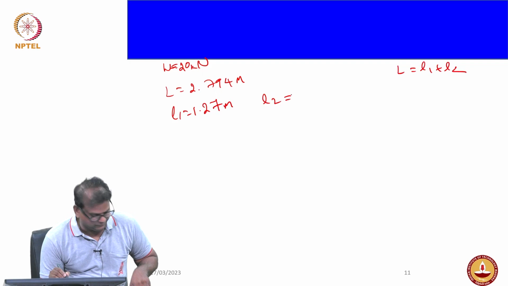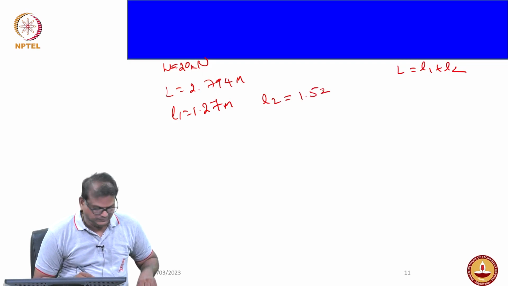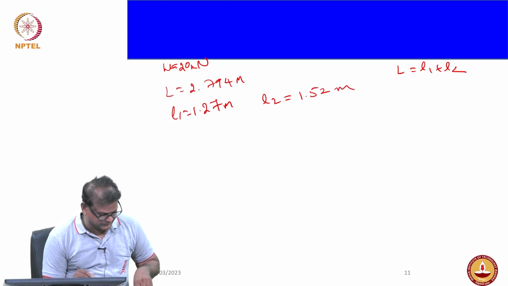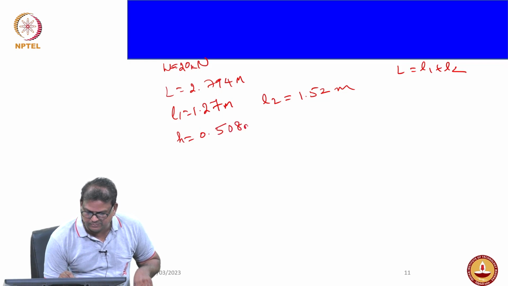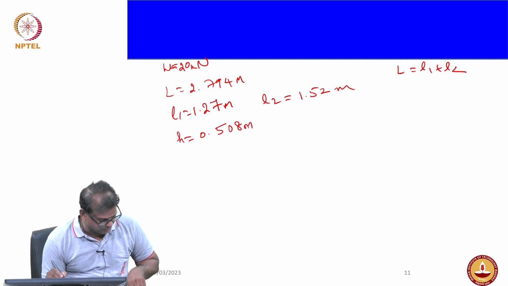So from this you will find out L2 equals 1.52 meter. Okay, H is given, 0.508 meter, and mu r is 0.015.